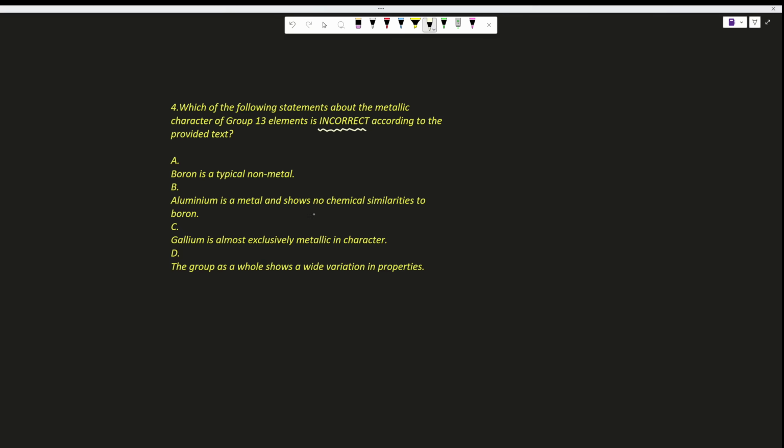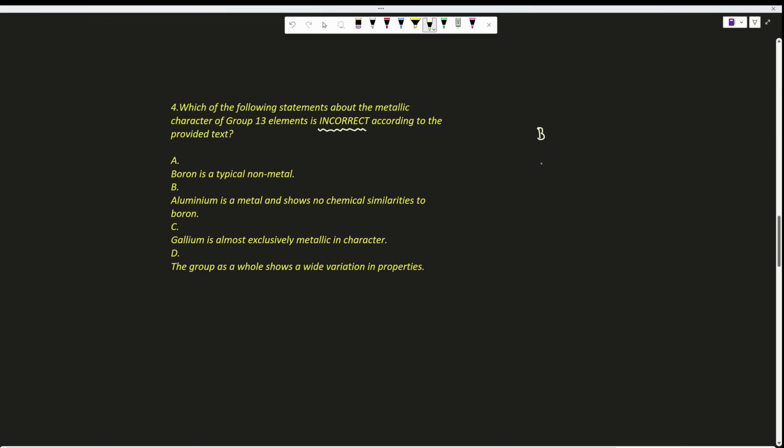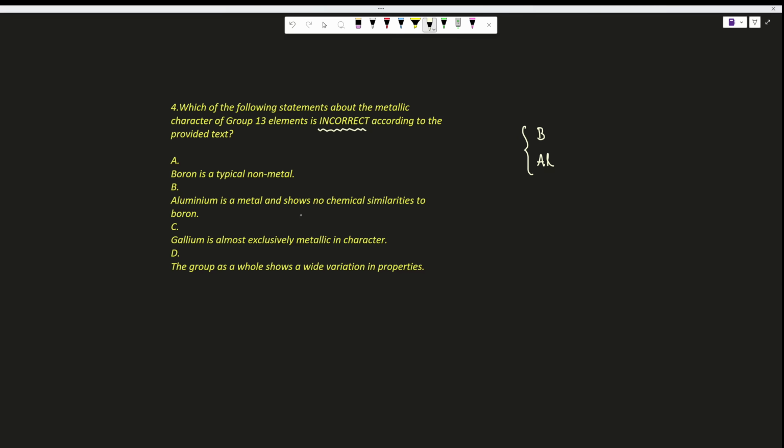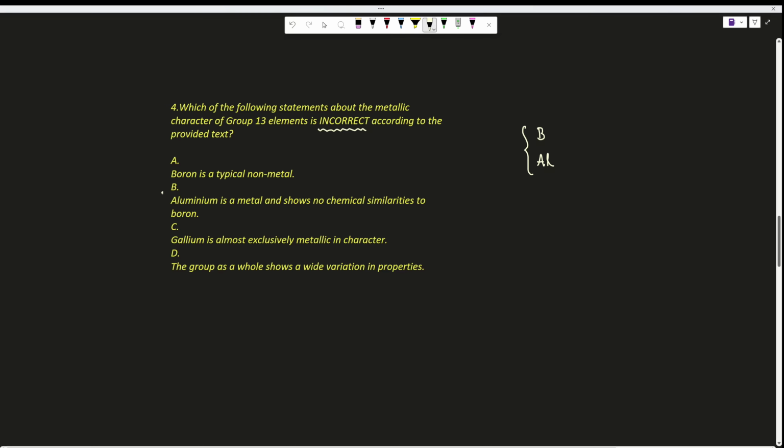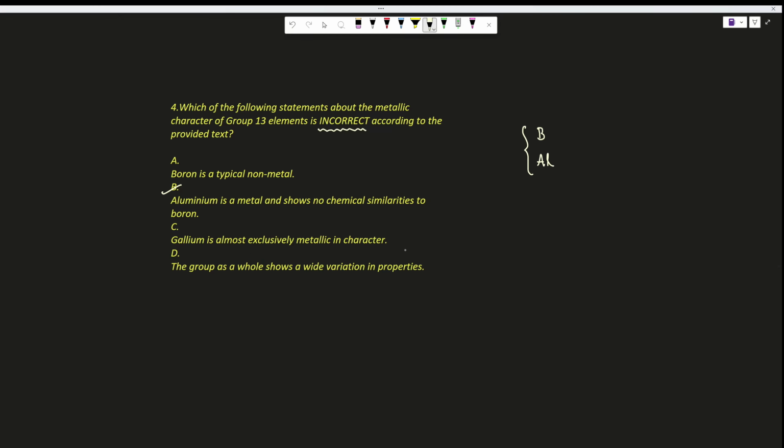This is not correct, right? Because whenever elements are present in the same group, they show similar chemical properties. So saying it is a metal and shows no chemical similarities is incorrect. So B is incorrect here. Then it is given that gallium is almost exclusively metallic.